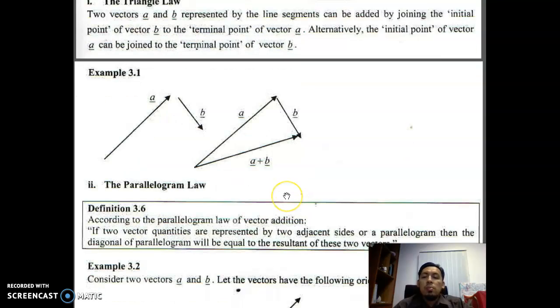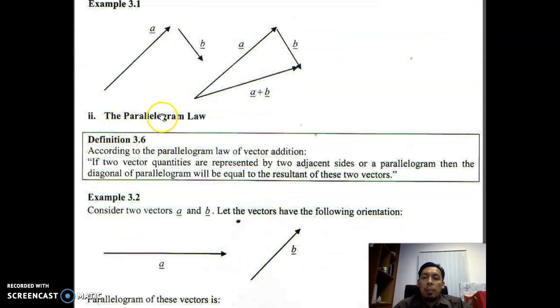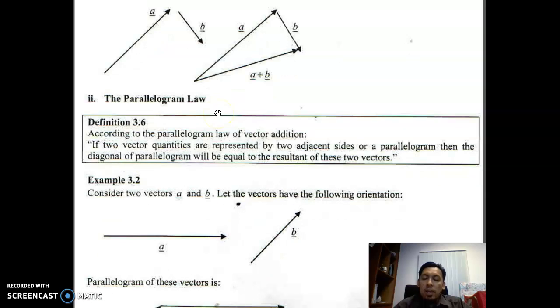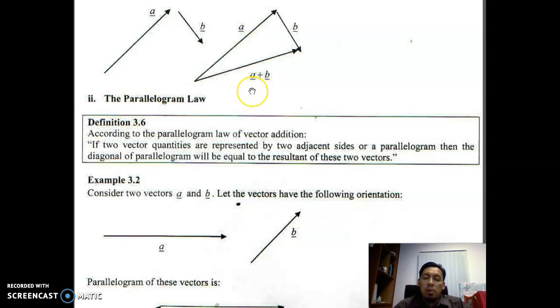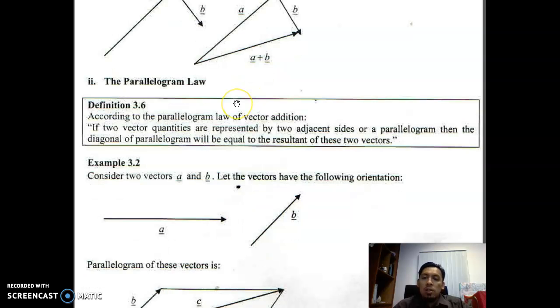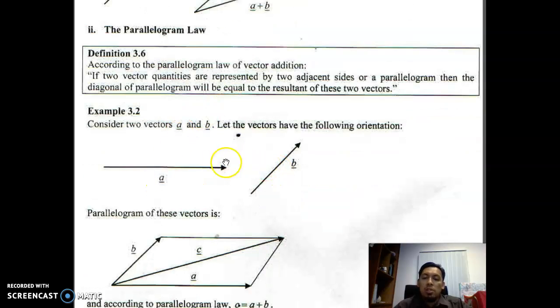Next we have the parallelogram law. This is just the other way for you to sum two vectors. Parallelogram law talks about making the vectors parallel to themselves.